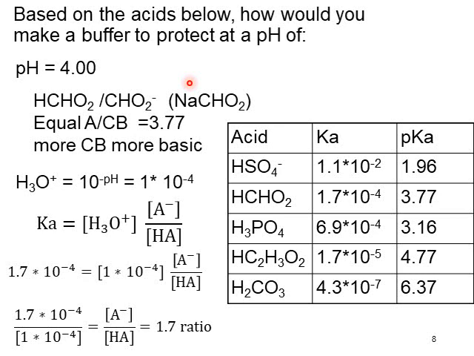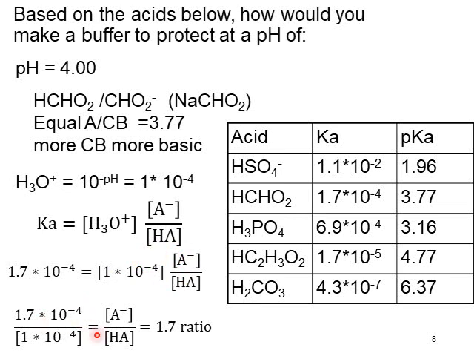And you can do it with the pKa if you want. I'll show you how to do that in a minute. But typically what I say is, okay, I want a pH of exactly 4. And that means my H3O+ needs to be exactly 1 times 10 to the negative 4th. So if I plug in the Ka that I have and the H3O+ that I want, I can solve for this A minus to HA ratio, right?